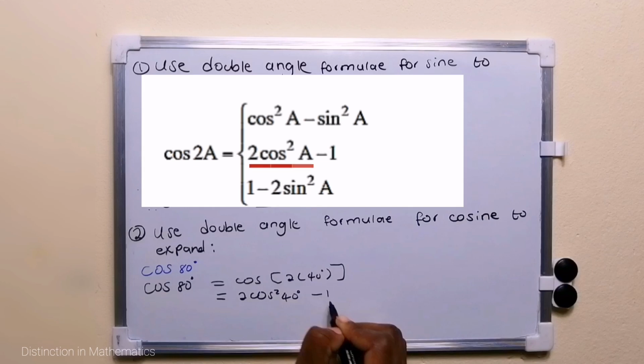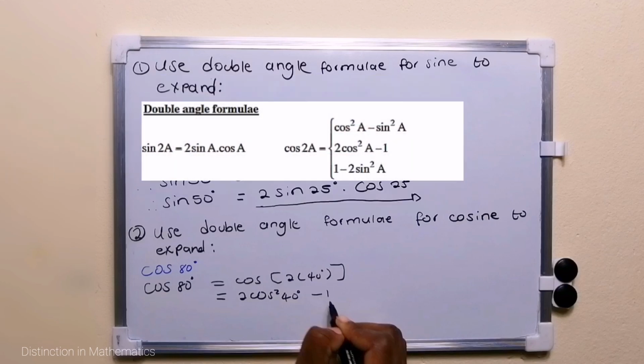So unlike the double angle formula for sine 2a, where you multiply the number on this side by 2 when you get to this side, when it comes to cos 2a, you take the number that you have on this side and you multiply the whole identity by that number. So if you had 2 on this side, you would now have 4 cos squared 40 degrees minus 2. Since you have 1 on this side, there is no reason for us to make it visible because there will be no change anyway, so we would have our identities as they are.